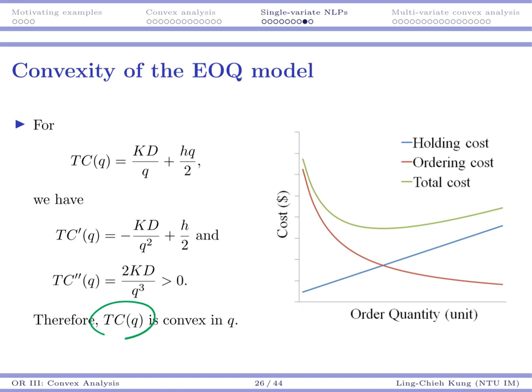Graphically, we know the ordering cost decreases in Q and the holding cost increases in Q. So the sum, which is the total cost, naturally is convex. And we have proved that it is indeed convex by showing that the second order derivative is always positive.